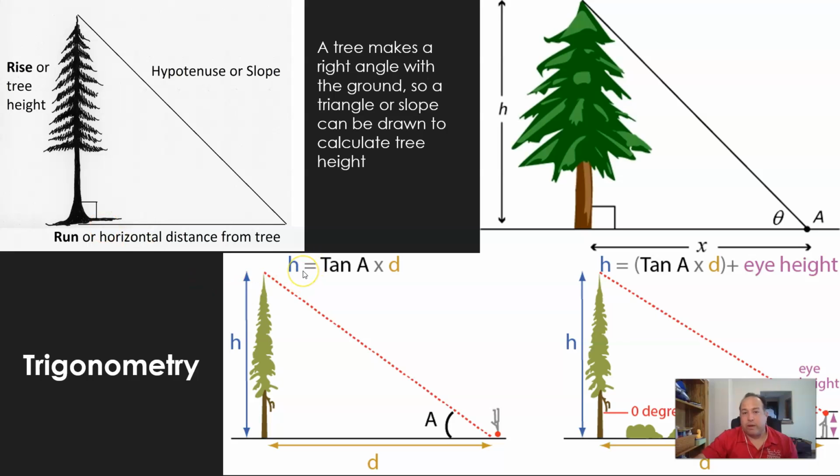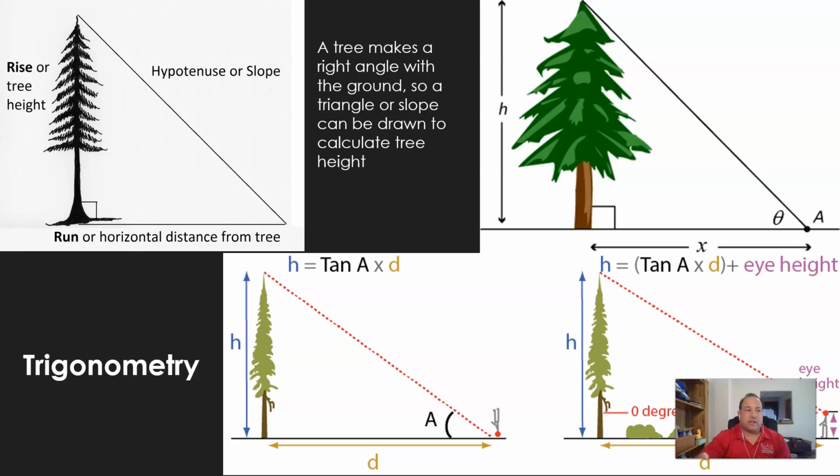The way we rework opposite over adjacent equals the tangent of this angle is right down here. We make it where h equals the tangent of this angle times this distance. And that's all we're looking to accomplish in measuring tree height in terms of our trigonometry.